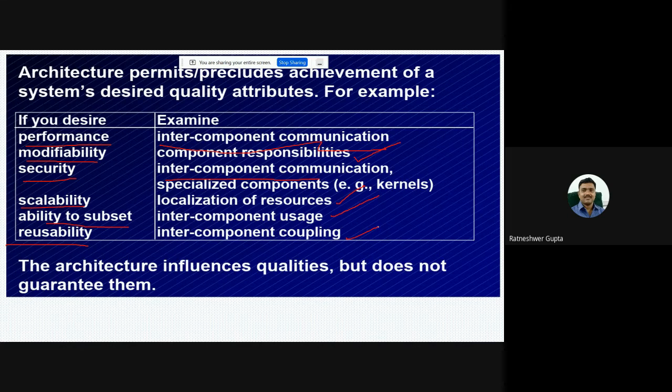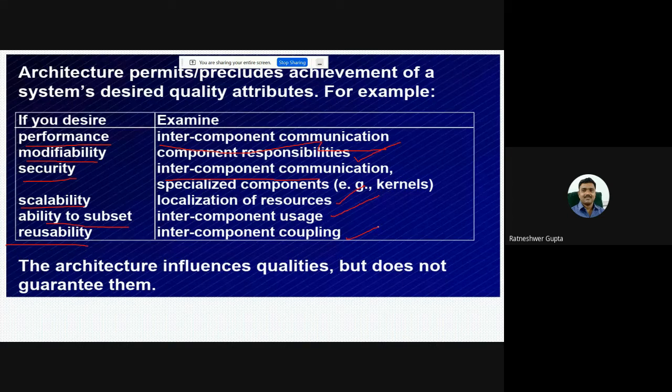When we go for the simulation, first we have to decide the criteria on the basis of which we are going to decide which particular design is going to be better. Suppose we have three architectures, and we have to decide which one is better compared to the other two. That is where we go for the simulation.